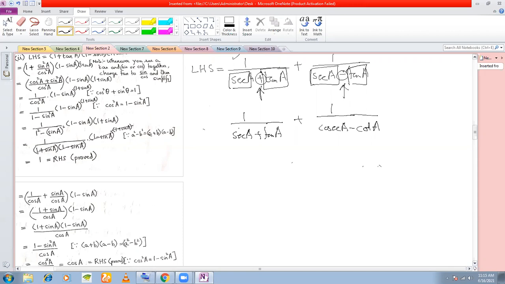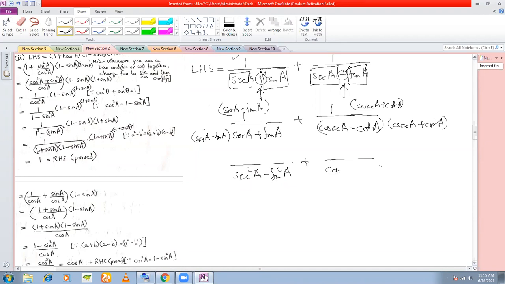But if you multiply the numerator and denominator here by sec A minus tan A, and here you multiply the numerator and denominator by cosec A plus cot A, then very easily in the denominator you will get sec square A minus tan square A, and here you will get cosec square A minus cot square A. So both of these are 1. This is 1, this is 1. So whatever is left in the numerator, you will simplify.